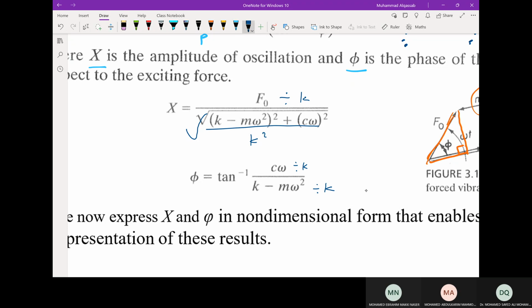Then K divided by K is 1 and minus M over K omega squared, because the whole thing is squared. And the same thing here, divided by K and the whole thing is squared.